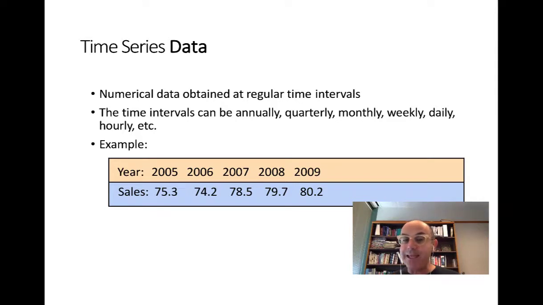The type of data we usually apply this to is numerical data, which is usually collected at regular times, for example annually, quarterly, monthly, weekly, daily, hourly, and so on and so on. In this case, I'm using old data from when I started my PhD.